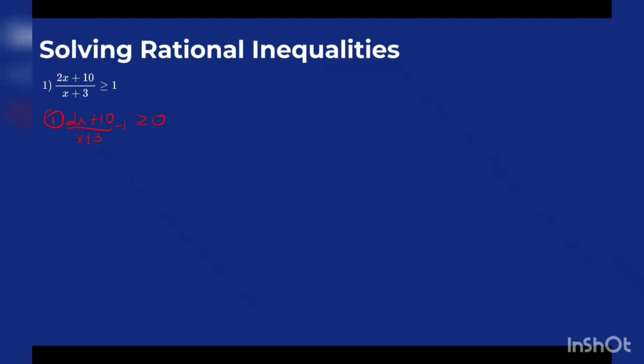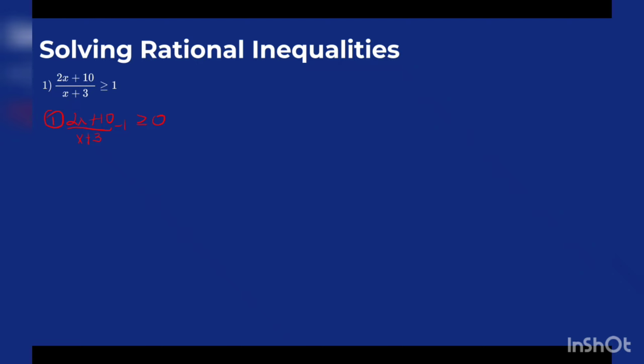And then after transposition, we have to simplify our rational inequality on the left side. So we have to perform the operation 2x plus 10 over x plus 3 minus 1. And since this is subtraction, we have to find the LCD. And our LCD here is x plus 3.